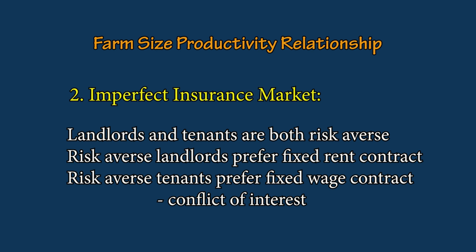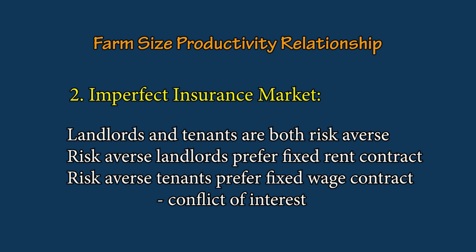Now, in the absence of perfect insurance market, the risk averse landlords prefer a fixed rent type of contract. What about the tenants? They are also risk averse and therefore they prefer a fixed wage contract. So landlords press for fixed rent contracts, tenants press for fixed wage contracts.